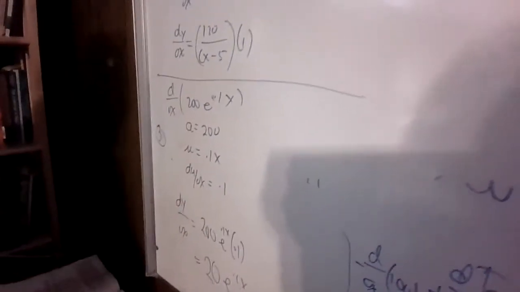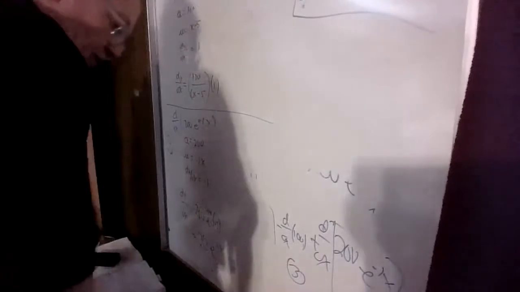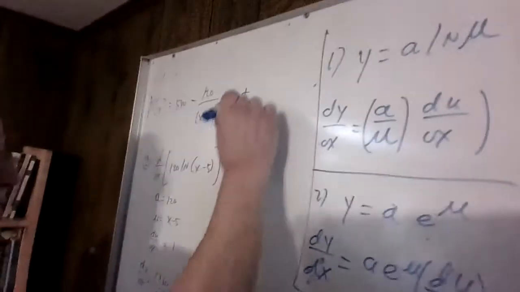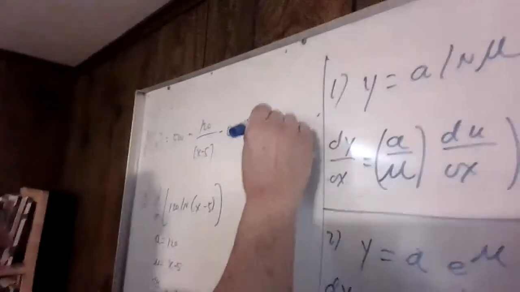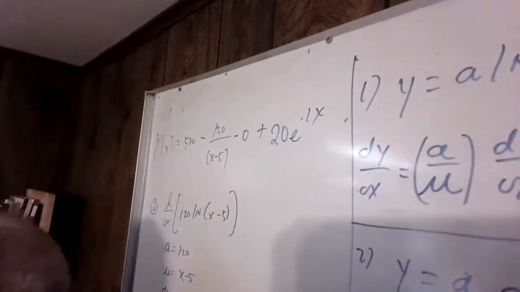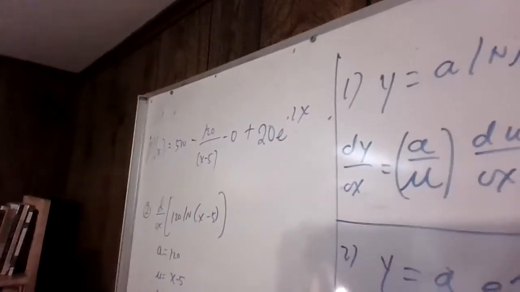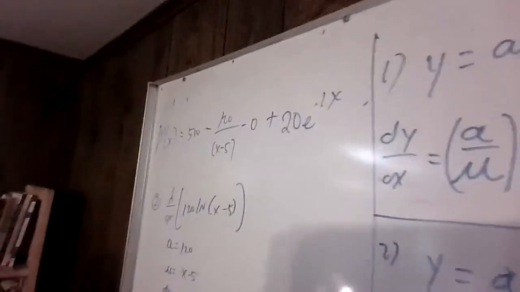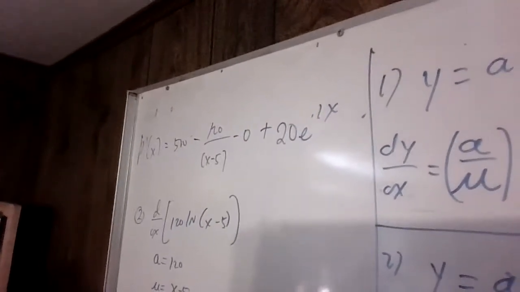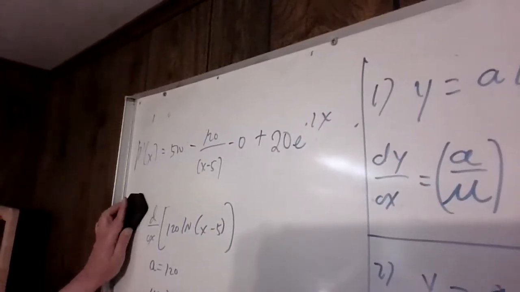So let's put that in there. Term 3 was 0. So term 4 is going to be equal to positive 20 e to the 0.1x. That gives you your derivative. Different derivative than before, right? Okay, let's see what we can do with it.